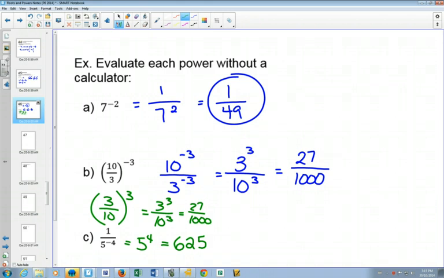Now for A, this whole thing was over 1 right now, right? And so the negative exponent is in the numerator. It moves to the denominator. This 5 to the 4 here I can make over 1. My negative exponent was in the denominator. Now it's in the numerator.